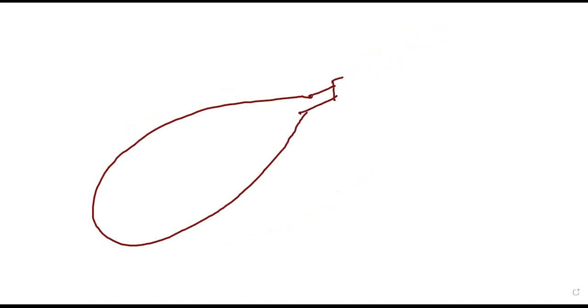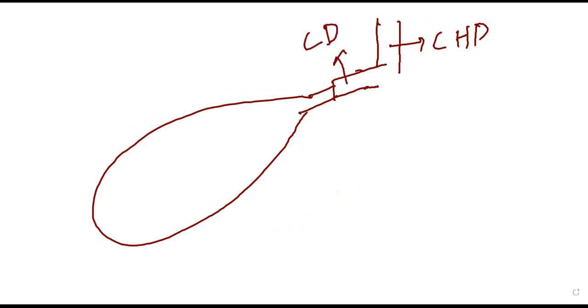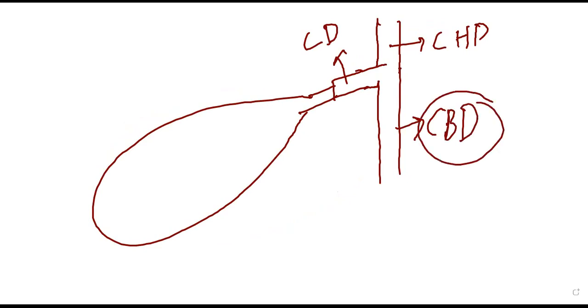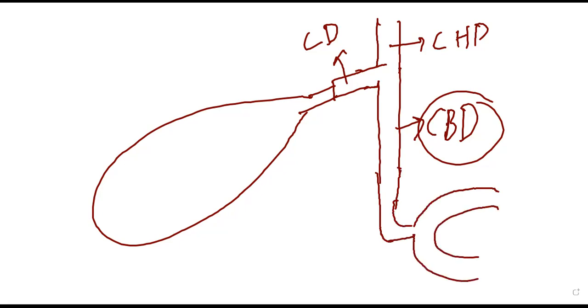From this area the common hepatic duct comes. The common hepatic duct meets with the cystic duct and goes down and forms the common bile duct. CBD means common bile duct, and the common bile duct goes down and enters the first part of the small intestine, the duodenum.